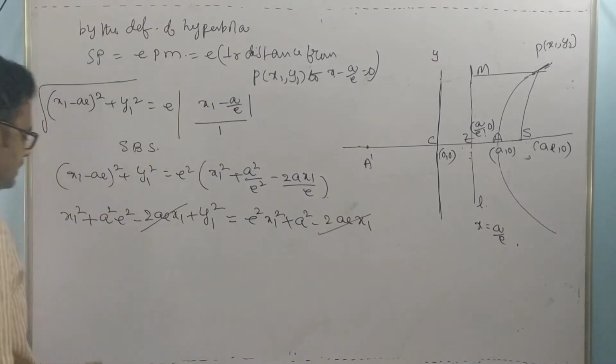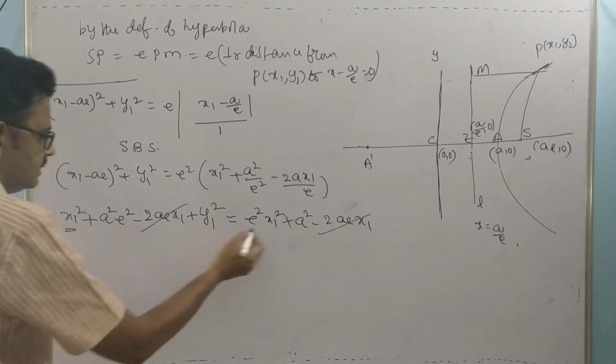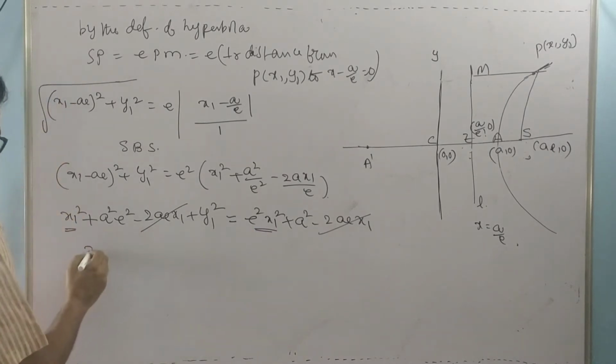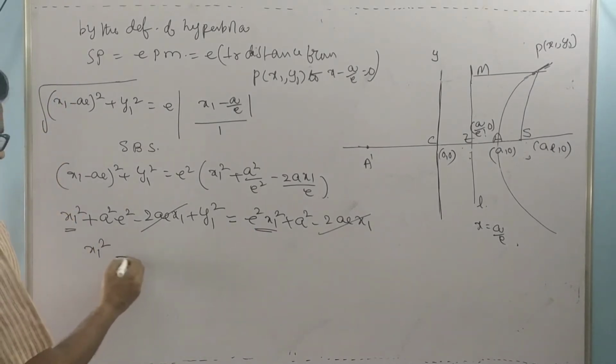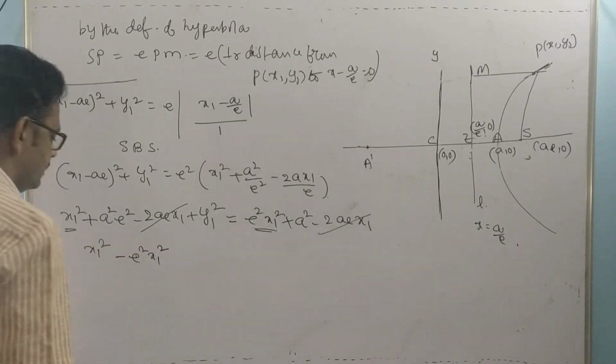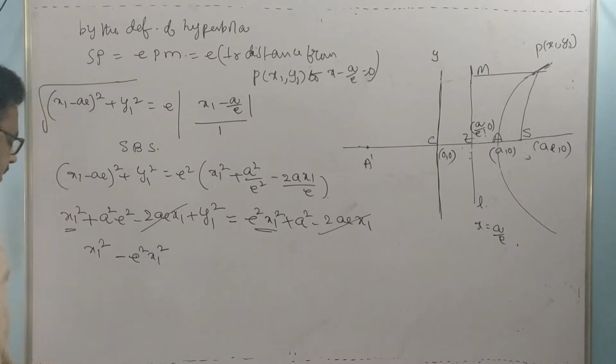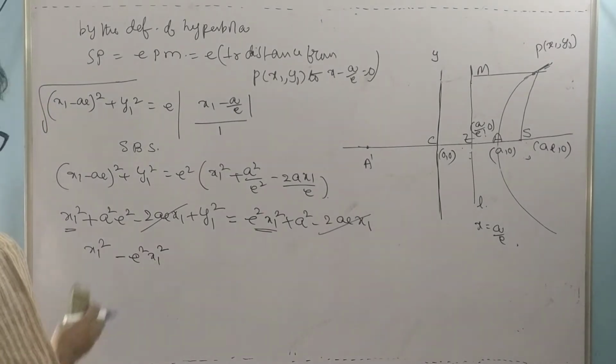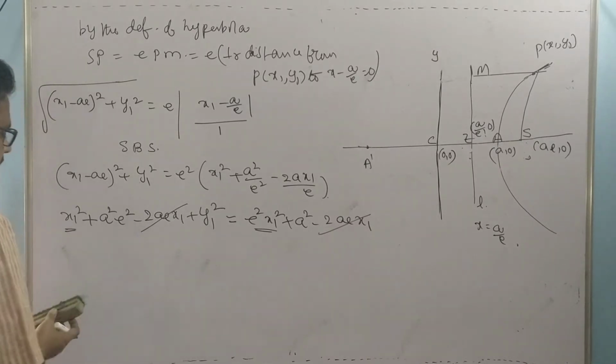2AE x1 gets cancelled. Now this is x1 square, you can take this side. So this is x1 square minus E square x1 square. Minus E square x1 square, that you write here.